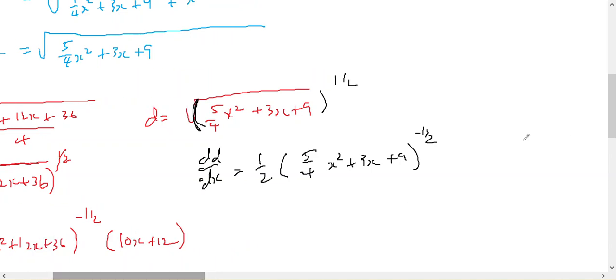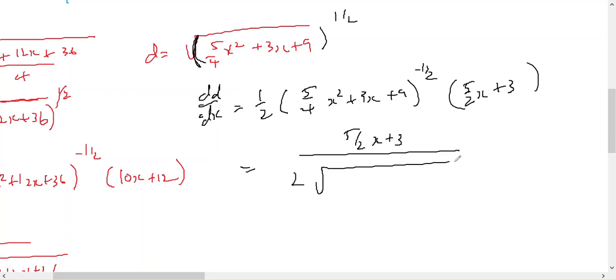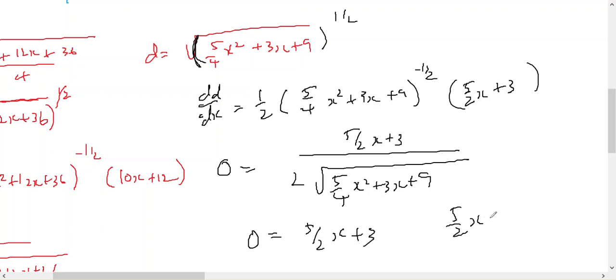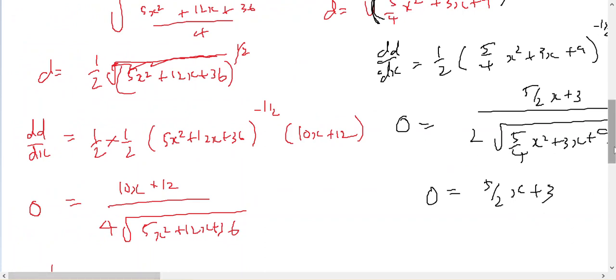Then I multiply it by the derivative of the inside, which will be 2 times 5 on 4, 5 on 2x plus 3, which will equal 5 on 2x plus 3, the 2 goes downstairs. And that's going to equal 0 only when the numerator equals 0. So 0 equals 5 on 2x plus 3. 5 on 2x equals negative 3. x equals negative 6 on 5. Not a coincidence that it's the same answer as I got over here.